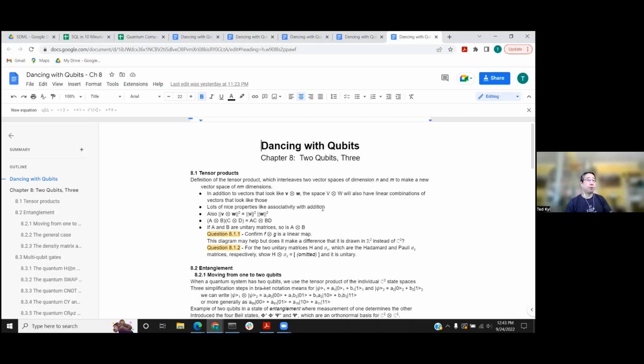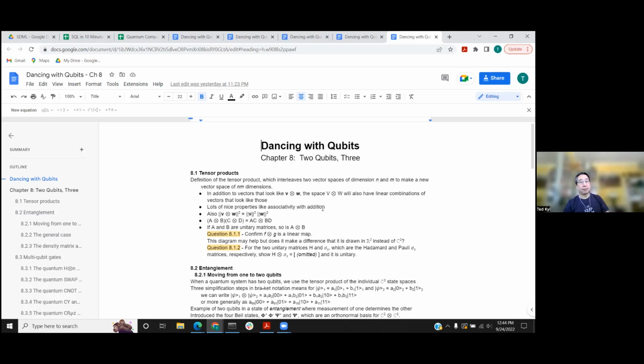You're going to get 64 dimensions in your new quantum system. And since a single qubit is 2-dimensional, it's always just going to be 2 to the n, where n is the number of qubits you have in your system.